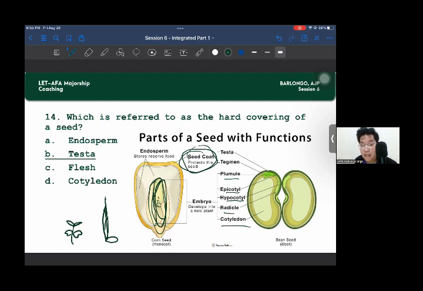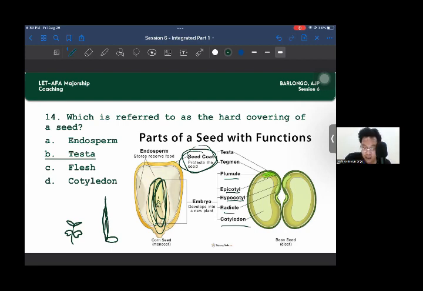Whereas kapag naman sa dicotyledon, which is an example ito ang bean, mung bean, sitaw, yung mga yan. It is divided into two. We have the tegmen and the testa. So testa, ito yung mas outer na covering ng seed.